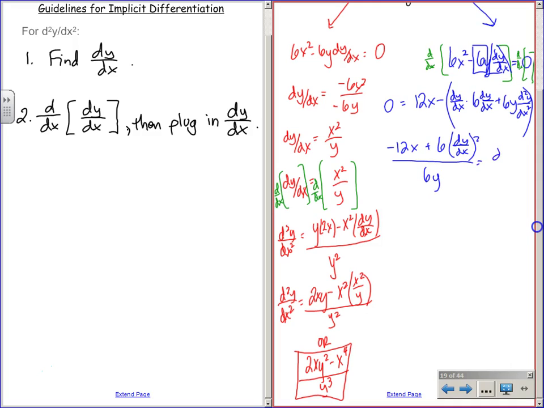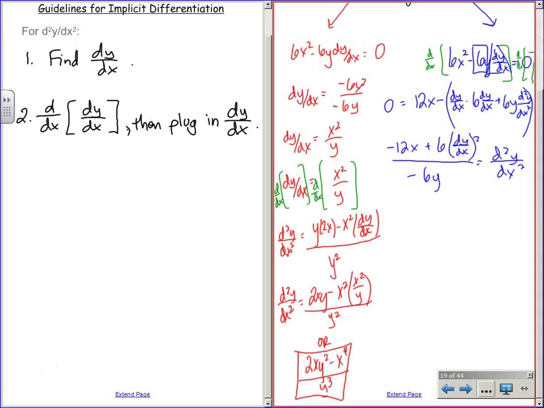Why is this not necessarily easier, though? Even though I could get this alone, I would have to square the dy dx, but hold on, how can I square the dy dx if I haven't even gotten dy dx by itself?